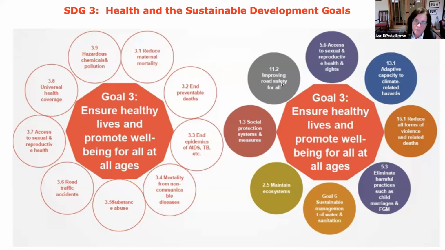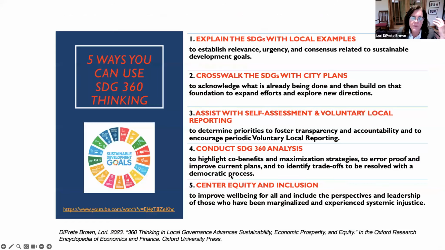There are many more from cities that are related to health. It disappoints me that only 11.2 here. SDG 11 is my second favorite SDG. And you can see adaptation to climate change hazards, reduction of all kinds of violence, and so forth. So this is the beginning, an early SDG look, a 360 look, but we're going to do a lot more with the SDG 360 thinking and with the app.